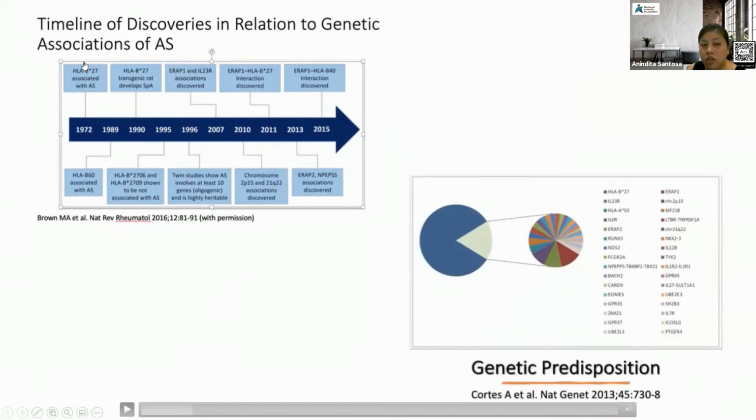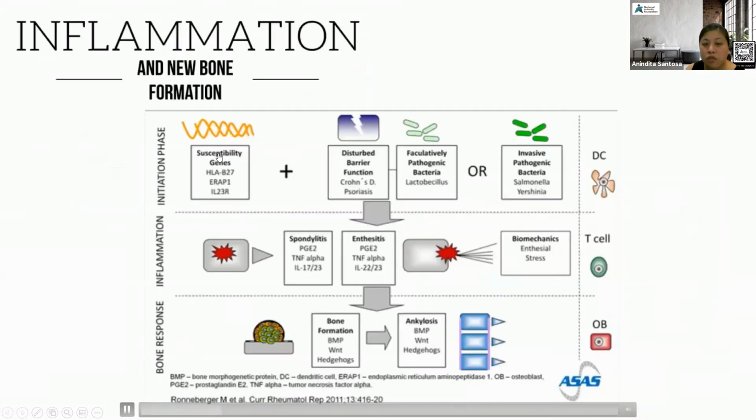But the oldest gene, HLA-B27, is the one that most of us will pay attention to, because it has been associated with 50% of the risk of developing AS. So if you have HLA-B27, and then you're exposed to environmental factors such as certain bacteria, then you are a candidate for developing AS.